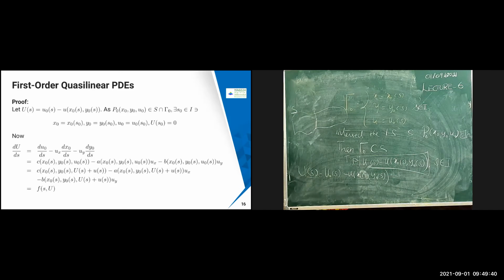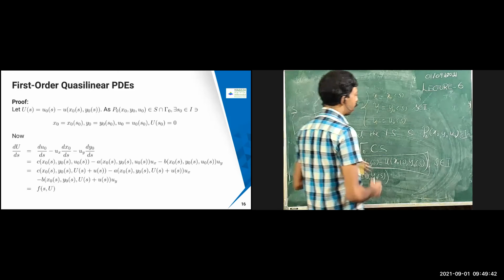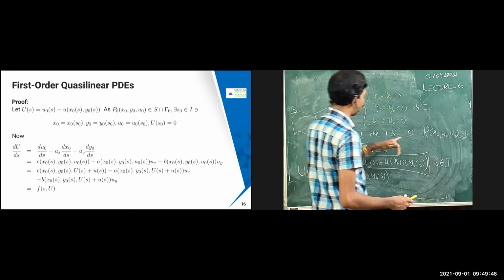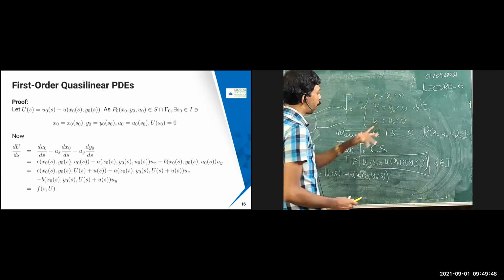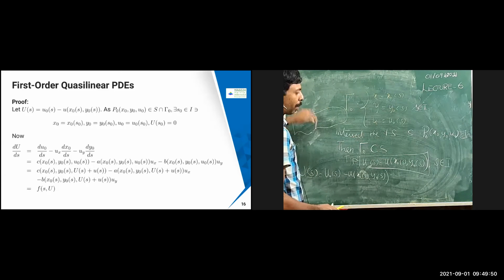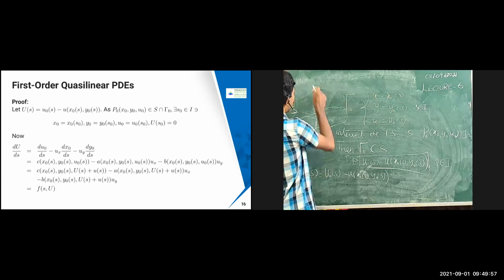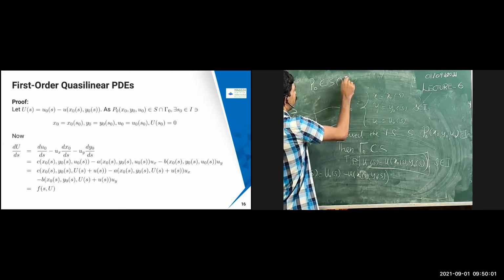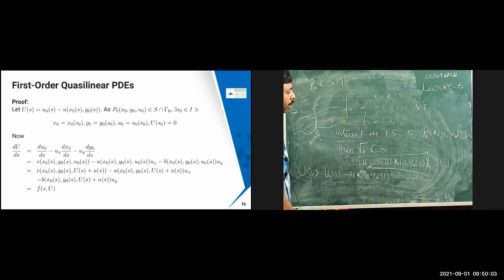Now what is given? Since the point P of x naught comma y naught comma u naught belongs to S, and also it is a point in gamma naught because it is intersecting at this point, this P naught belongs to both S as well as gamma naught. This is the intersection of these two.